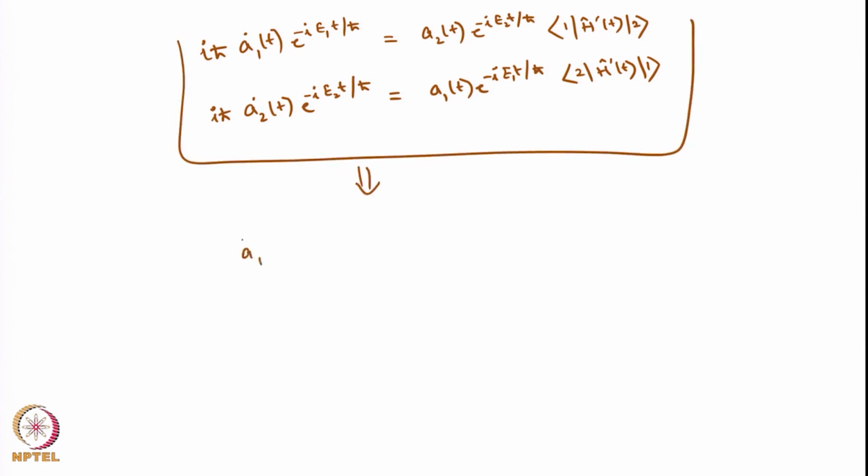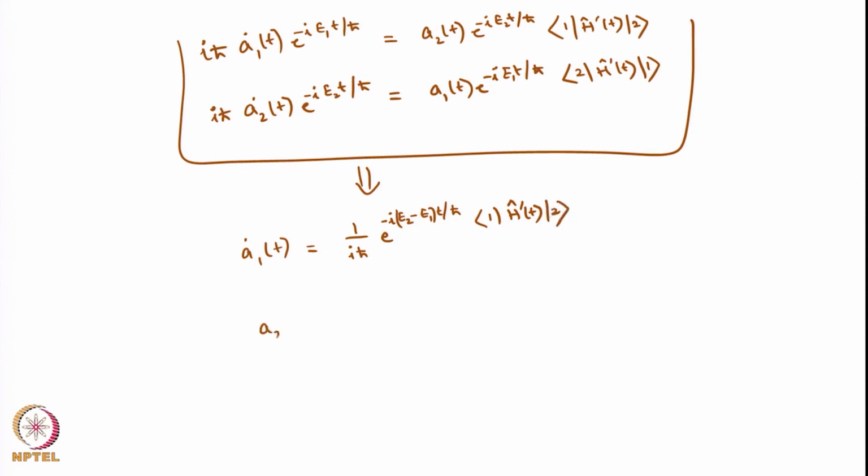So A1 dot t equals, the i h bar I can take to the other side, so it becomes 1 over i h bar, and the exponential I take to the other side, so that will become e to the power of minus i E2 minus E1 t by h bar 1 H prime of t 2.